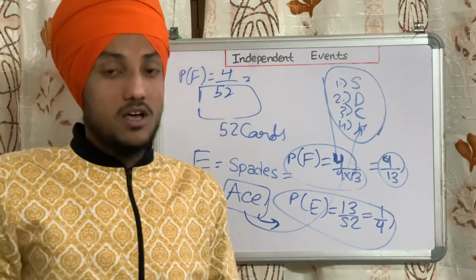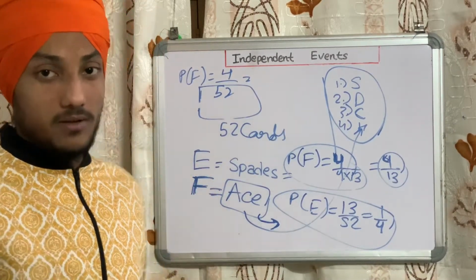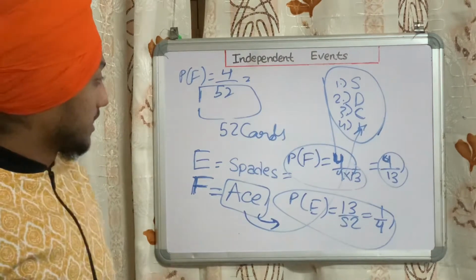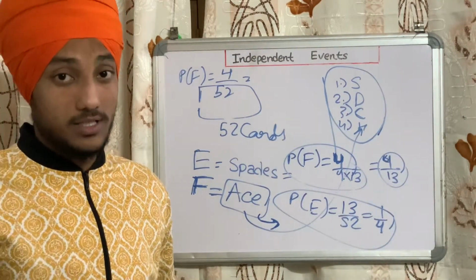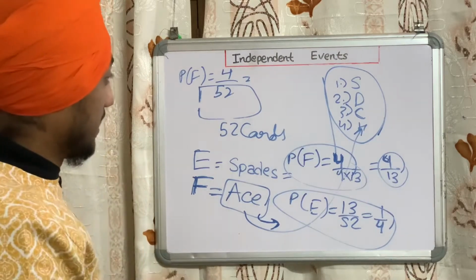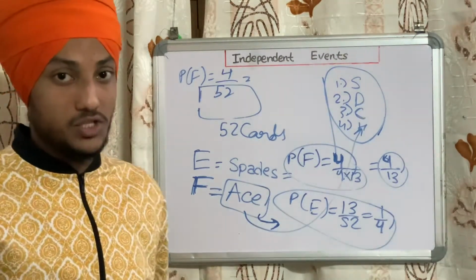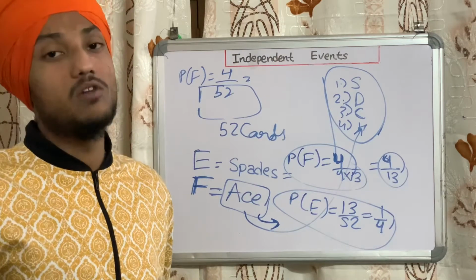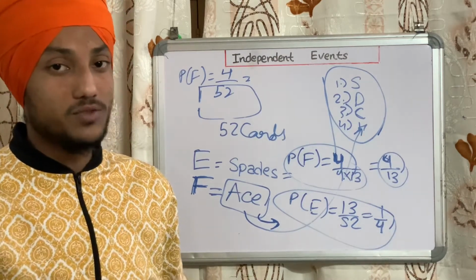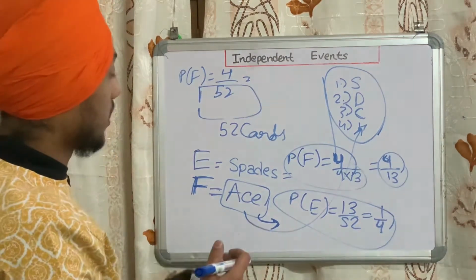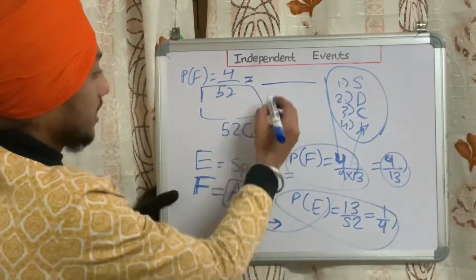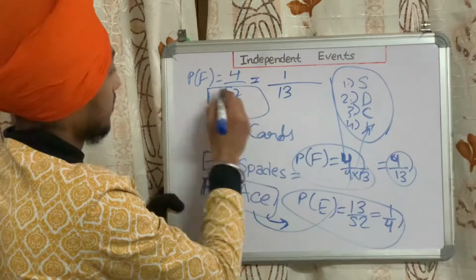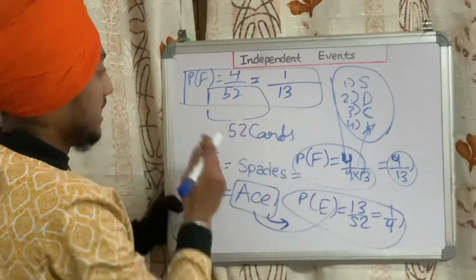This is one of the problems we have discussed in order to understand the concept of independent events: how an independent event exists and how we use it in solving different types of theorems. We're also going to modify our multiplication theorem for independent events.